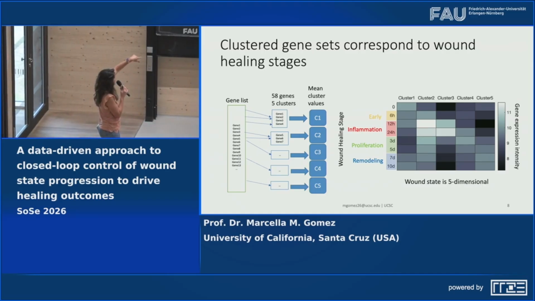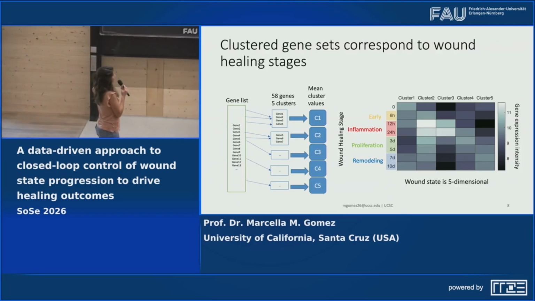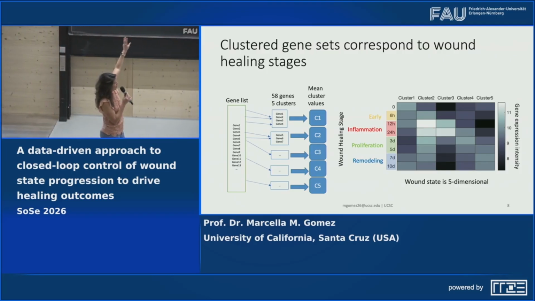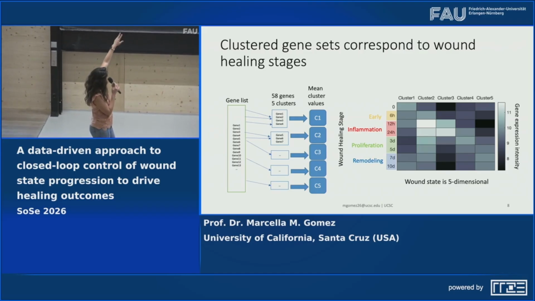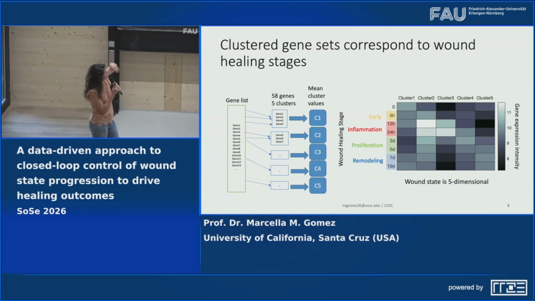You can see on the heat map here, the clusters are each column, 1 through 5, and the rows are the time points of the data. They're manually labeled here: inflammation, 12 hours, 24 hours; proliferation, day 3 and 5; remodeling, day 7 and 10.